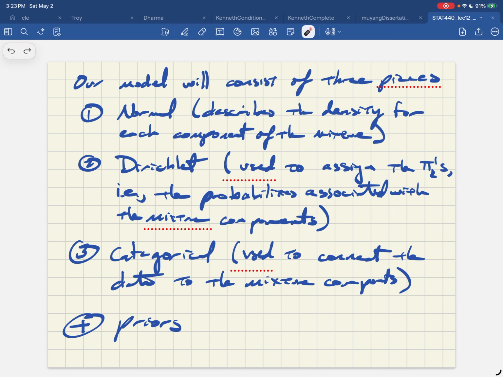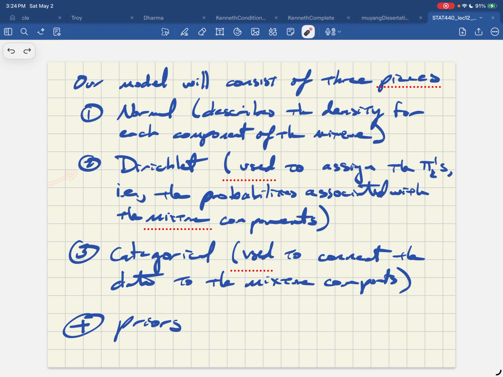Our model for our mixture density is going to consist of 3 pieces. The first piece is we're going to assume that each of the mixture components is normal. This is not critical. You could plug in a different density if you like, but for our purposes, normal is going to work fine.